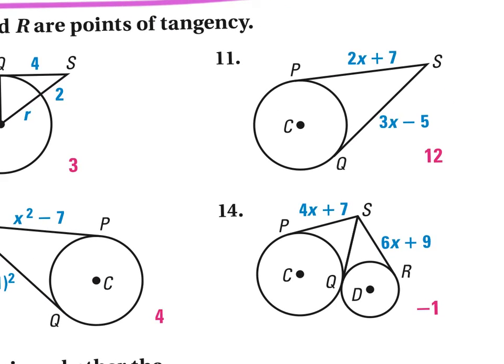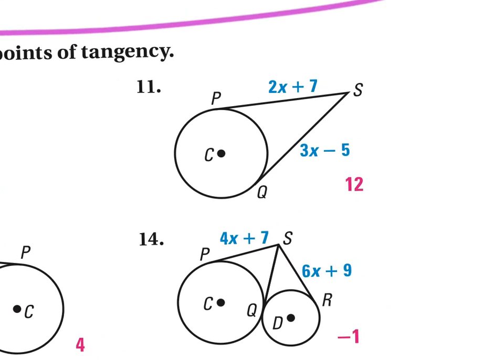Same thing for 10. 11 was that ice cream cone theorem that basically says that two tangent lines from the same point would be equal.